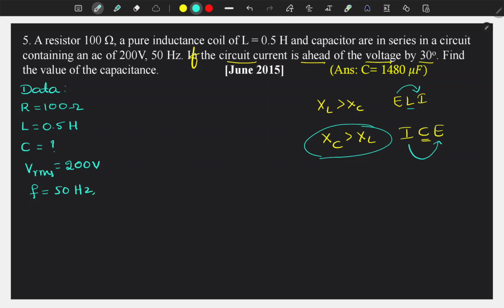and what else is given? Current leads the voltage by 30 degree. Correct?